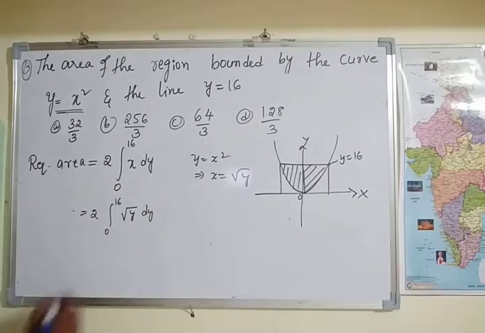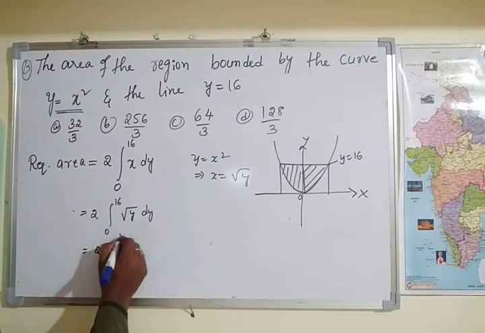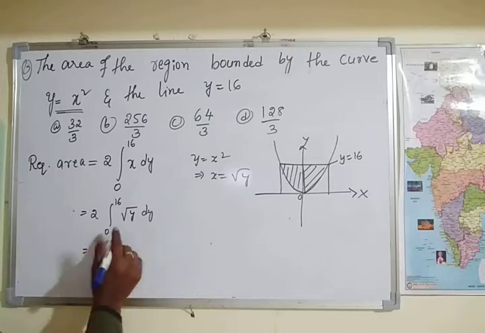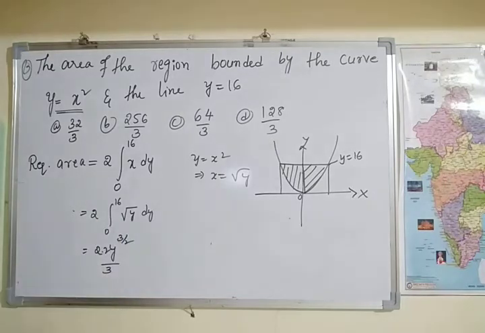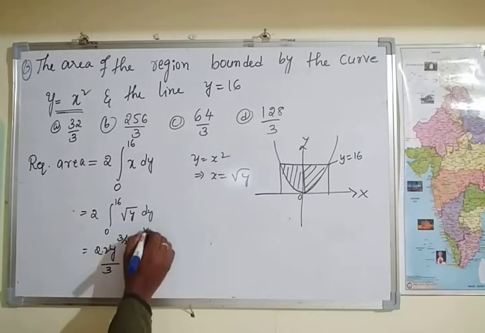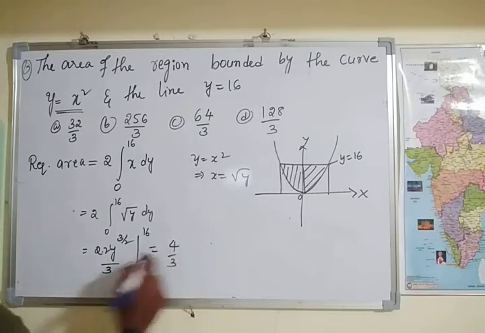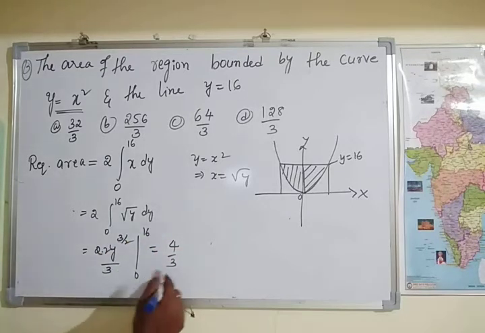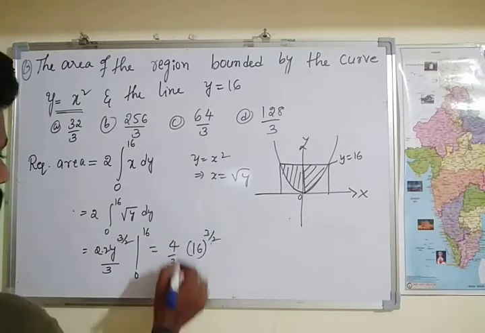The integral of root y means y to the power 1 by 2. This result can be written as y to the power 1 by 2 plus 1, divided by 1 by 2 plus 1. We can write directly this result as y to the power 3 by 2 divided by 3 by 2, the reciprocal form, into 2. Here from 0 to 16 it is 2 into 2, 4 divided by 3. The upper limit is 16, the lower limit is 0. 16 to the power 3 by 2 minus 0.